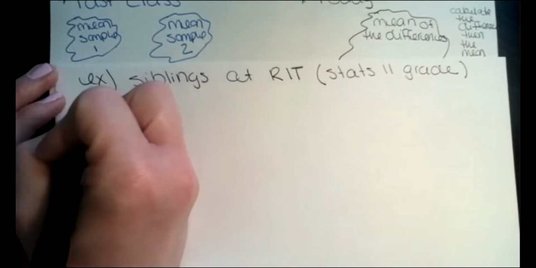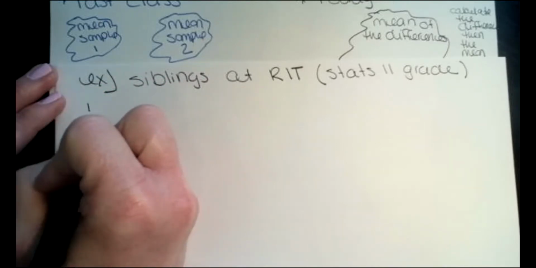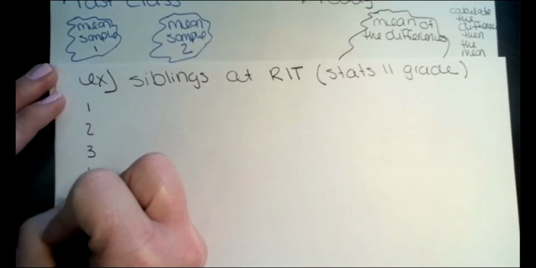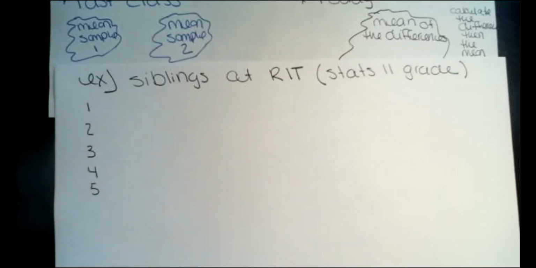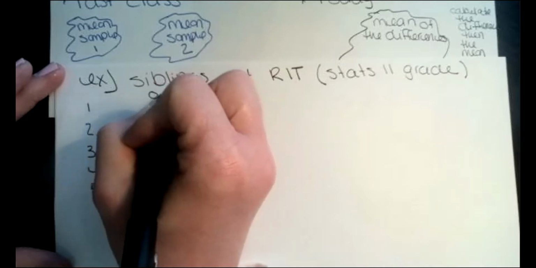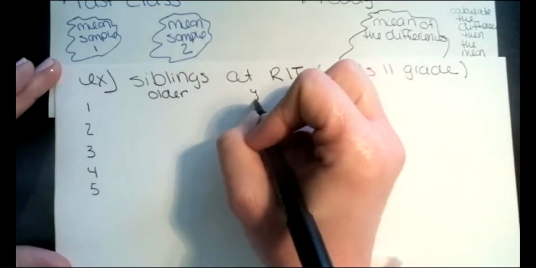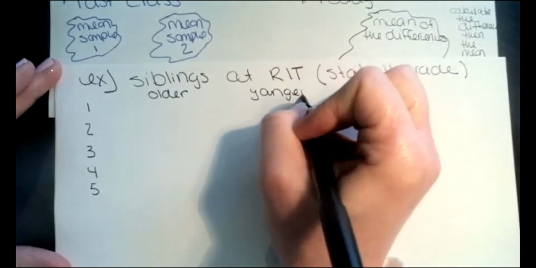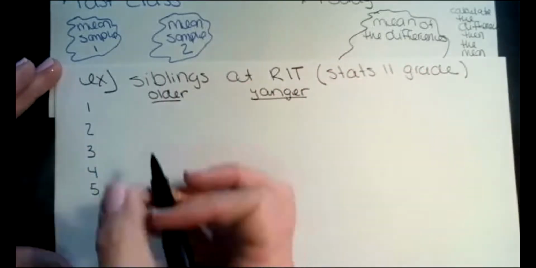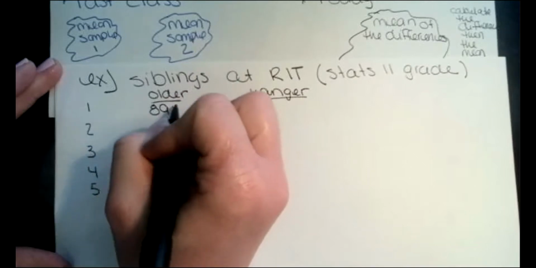But maybe I'm looking at, okay, I'm just going to number these rows. I would probably go down more than 5, and then maybe I'm going to look at the older sibling and then the younger sibling. And I'm just going to look at their grades, right? So this is not real data.